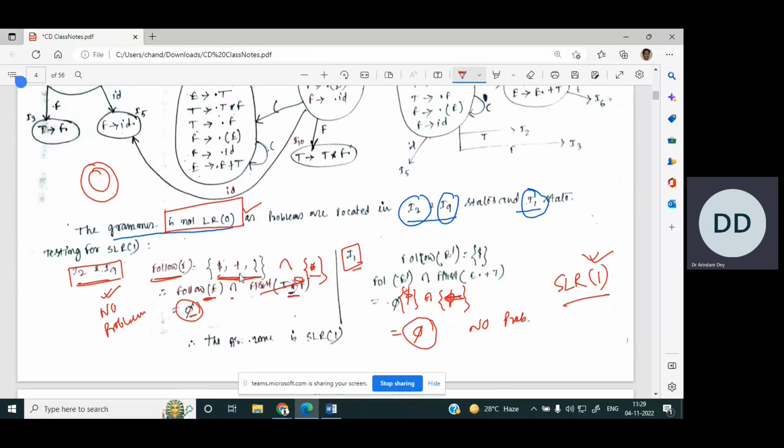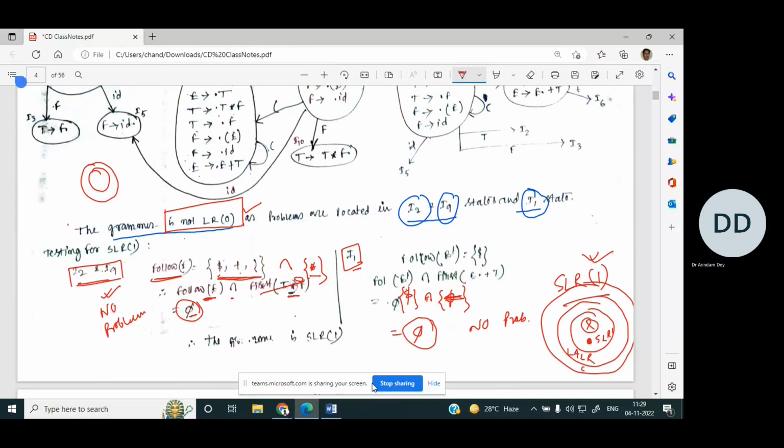And once the grammar is SLR1, that means the grammar is not LR0. So the grammar is SLR1, that means the grammar belongs to this region. This is SLR1, so by default it will be LALR and by default it will be CLR. But it is LALR, it is CLR, and it was not LR0. So the grammar lies in this region.